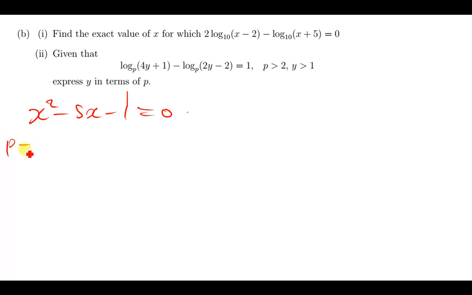The product is negative 1 and the sum is negative 5. We need numbers that when multiplied give us negative 1 and when added give us negative 5. Let's just solve this using the formula method; that will be the simplest way.